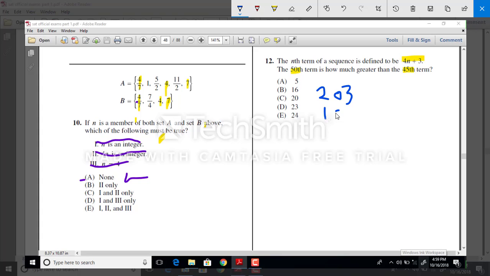That's it. What's the difference between them? Of course, it's 20, or 20 mentally, since 3 minus 3 is 0. The first number which has 0 here is 20, so it will be the right answer.